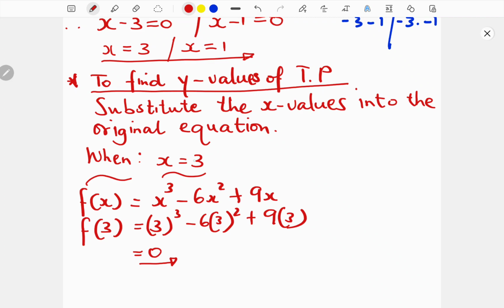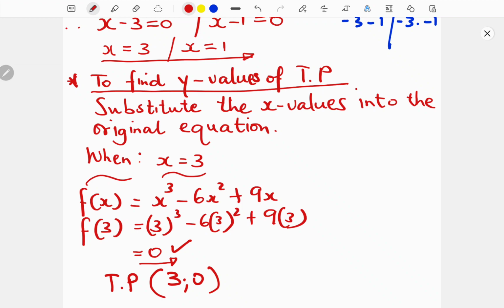So we're going to start when x is equal to 3. Therefore f of 3 is equal to 3 cubed minus 6 into 3 squared plus 9 times 3. Then the answer is 0. So what does that mean? The first turning point is when x is equal to 3, the value of y is 0.